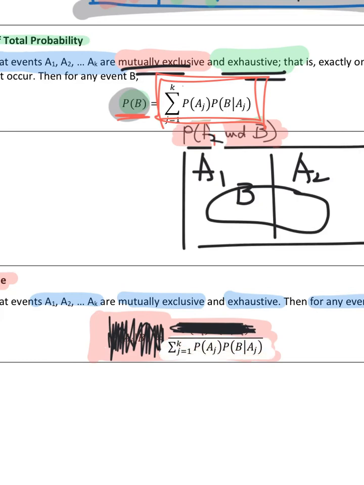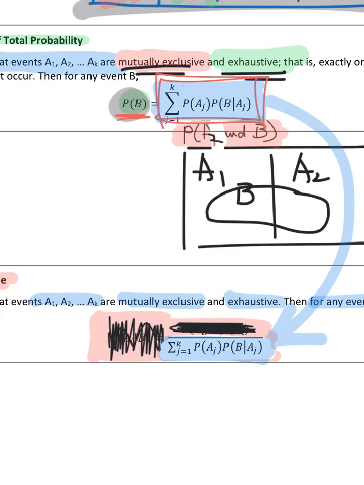The denominator, the summation. Have you ever seen it? Just before, in the rule of the total probability. Please compare this one and this one. Yes, it is.